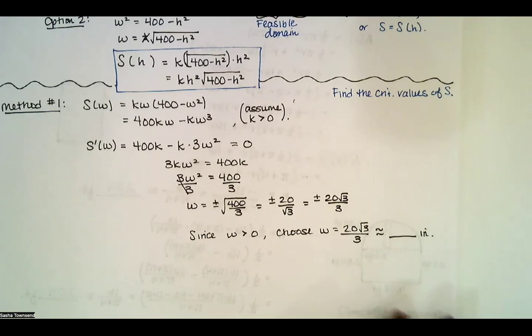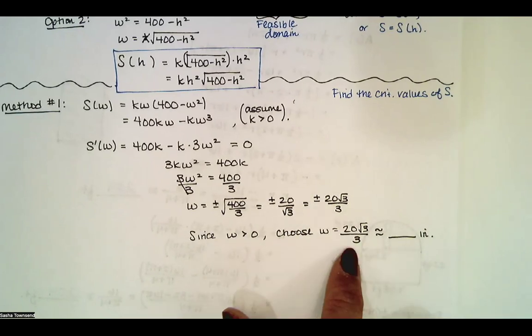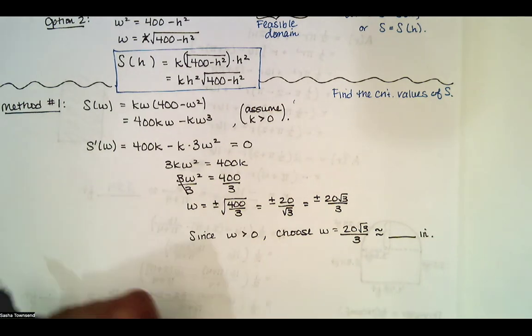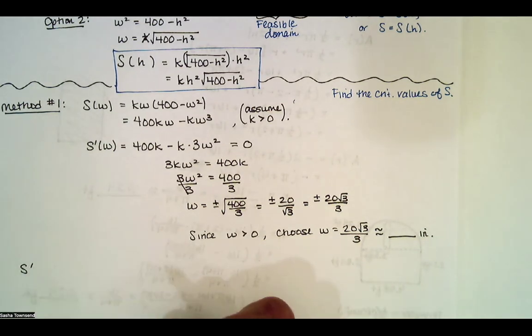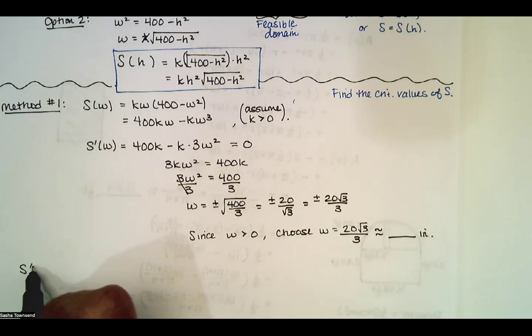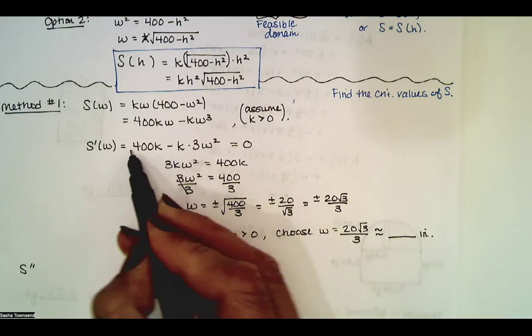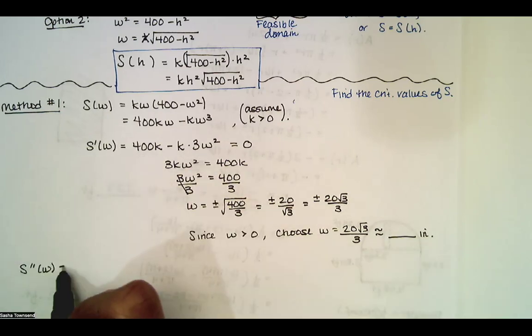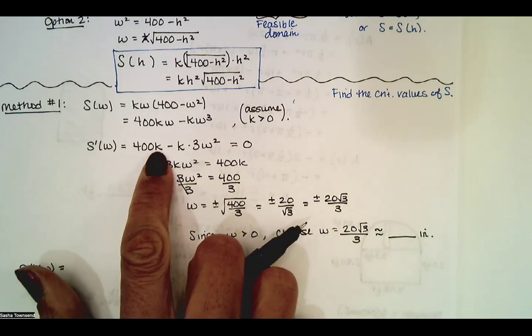And then we say, okay, does that value of W, positive 20 times the square root of 3 divided by 3, correspond to a minimum or a maximum of this function? Well, we can make a sign chart to determine that. Or alternatively, we could just take the second derivative. I think I'm going to use the second derivative test this time. Take the second derivative of this. Derivative of 400k is 0.